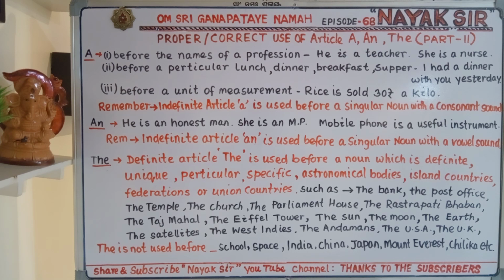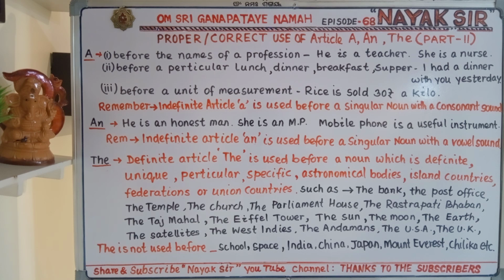Clear? So remember one thing, the indefinite article a is used before a singular noun with a consonant sound or consonant pronunciation. So pronunciation or sound is important while using the article a or an.